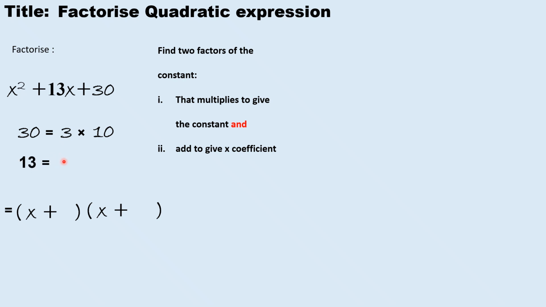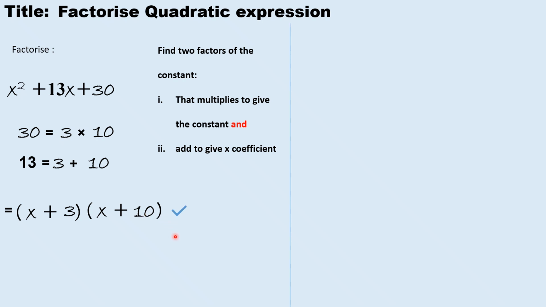So that's 13, and 3 add 10 is 13. Okay, that means our two factors are 3 and 10. 3 goes in the first bracket, and 10 goes in the second bracket, and that is our answer.